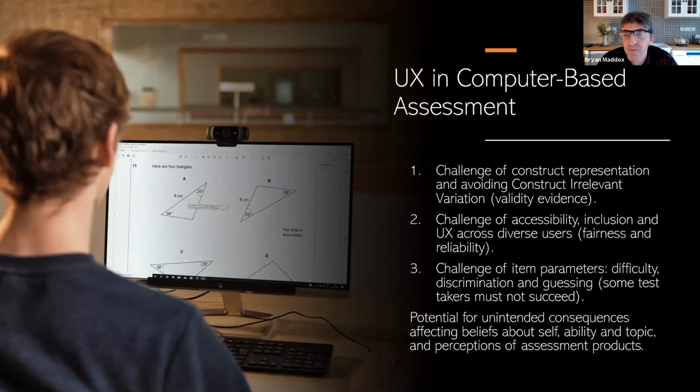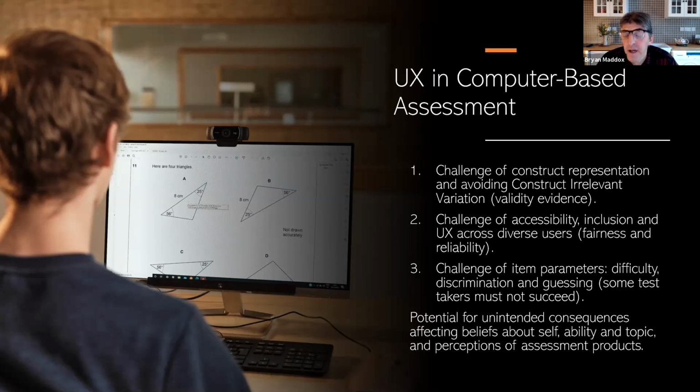The task of assessment is to differentiate between people who can get the test right and the people who can't. So we need to make sure, for example, that the difficulty of the test is not the result of user experience or design issues, but is genuinely issues relating to the construct or task or trait that we're trying to assess. And we want a very clear discrimination between people who can and cannot do this particular item.